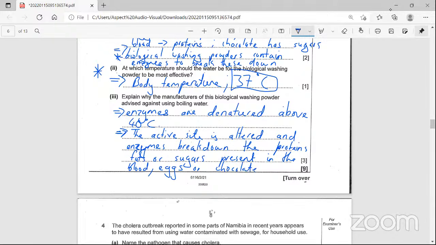Are we together? Right, so that's how I answer that one. Get your 3 marks. So mention that your boiling water is above 40 degrees Celsius, your enzyme will be denatured. When that happens, the active site is altered and the enzymes cannot break down the proteins, the fats, or the sugars inside the blood, the eggs, or chocolate.